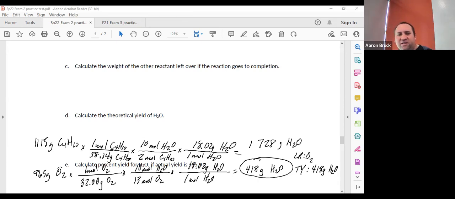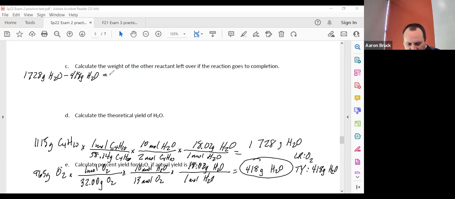That's one way to go. The way I tend to favor is, since I did all of this work here, it's a shame to waste it. So 1,728 grams of water. I'm going to subtract out the 418 grams of water that are actually made.